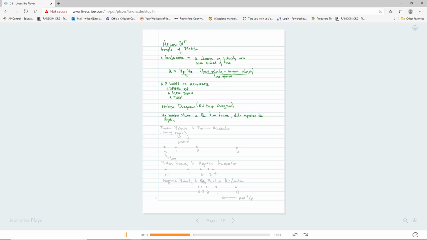So there's going to be several of these that we need to learn how to do. And we're going to start with positive velocity and positive acceleration.